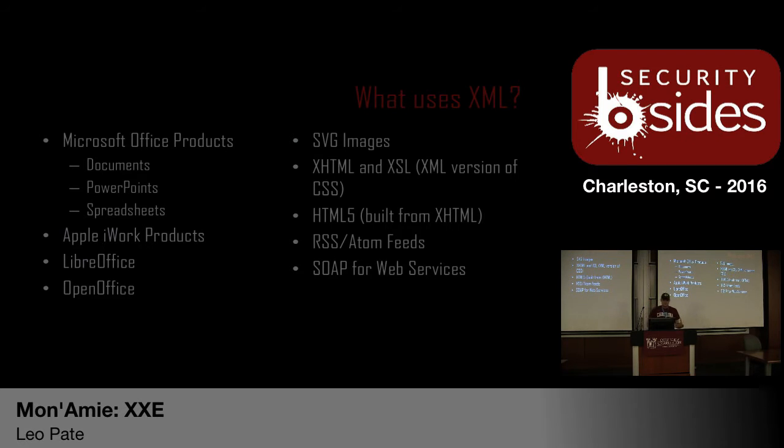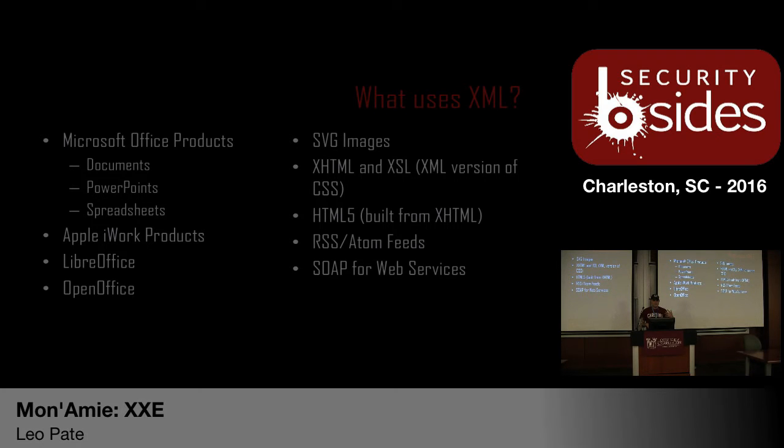So taking a look, what uses XML? Like I said before, Microsoft Office products, so documents, PowerPoint, spreadsheets, and then Apple iWork products as well, so Pages, Keynote, and Numbers. LibreOffice, OpenOffice, SVG images, the vector images.